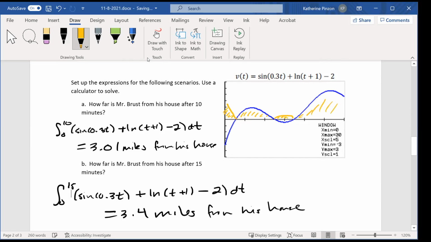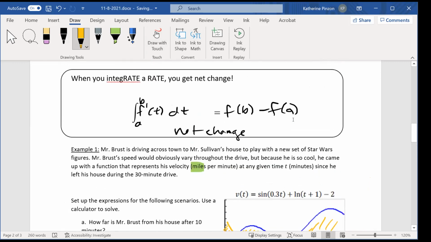Okay, so one way to do it is to use the absolute value of the velocity. So one way to find total distance is to use absolute value.